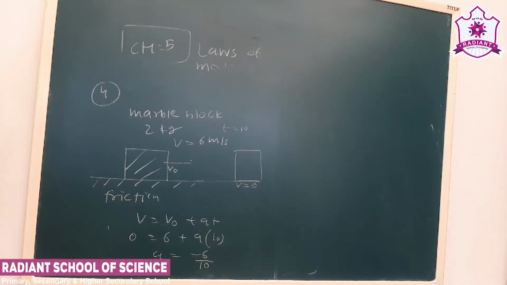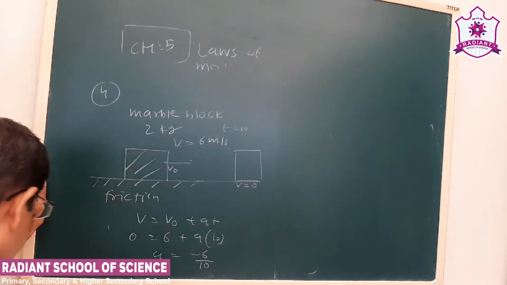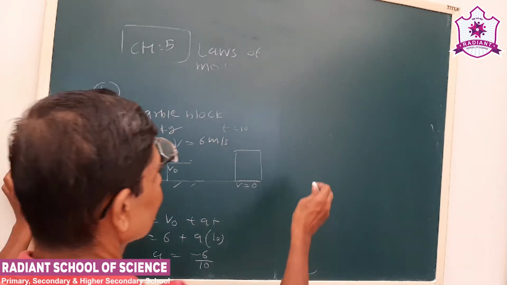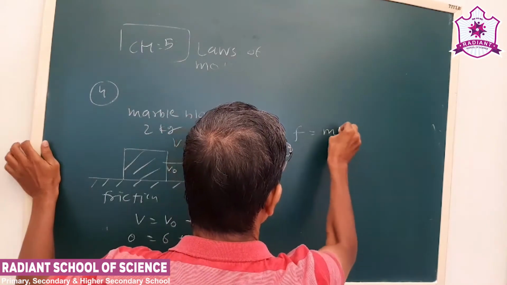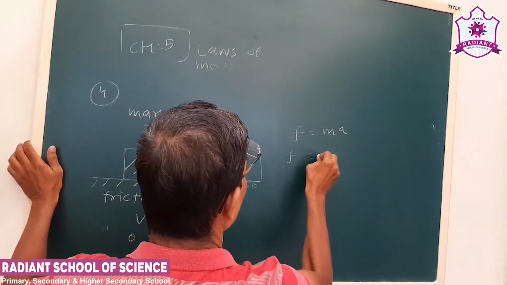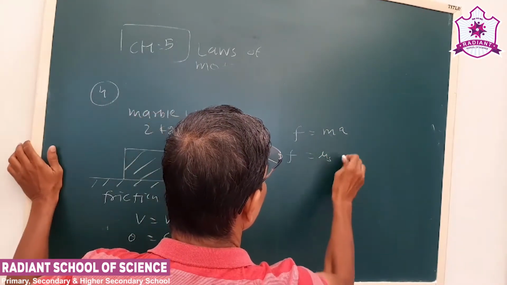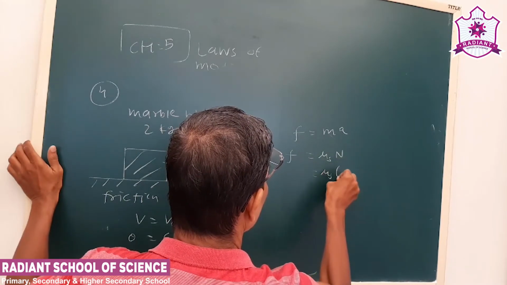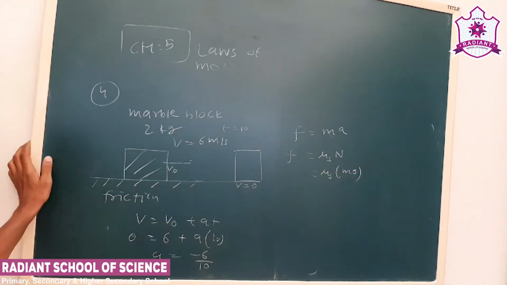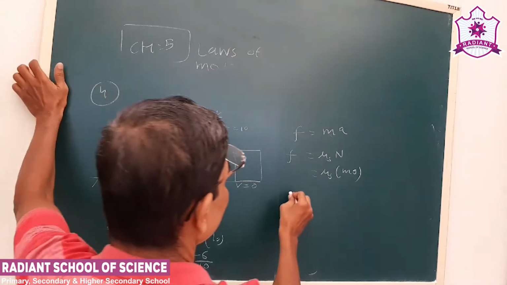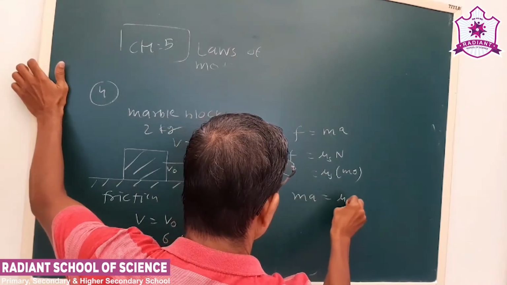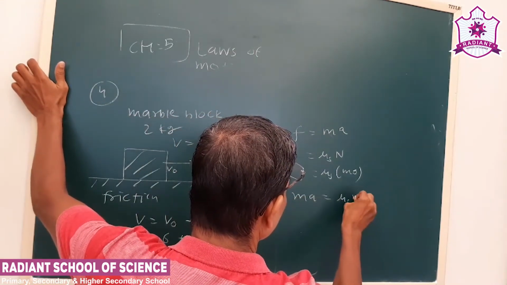Now, F is equal to ma, and F is equal to mu s into n, which is mu s into mg. If I compare these, ma is mu s into mg.